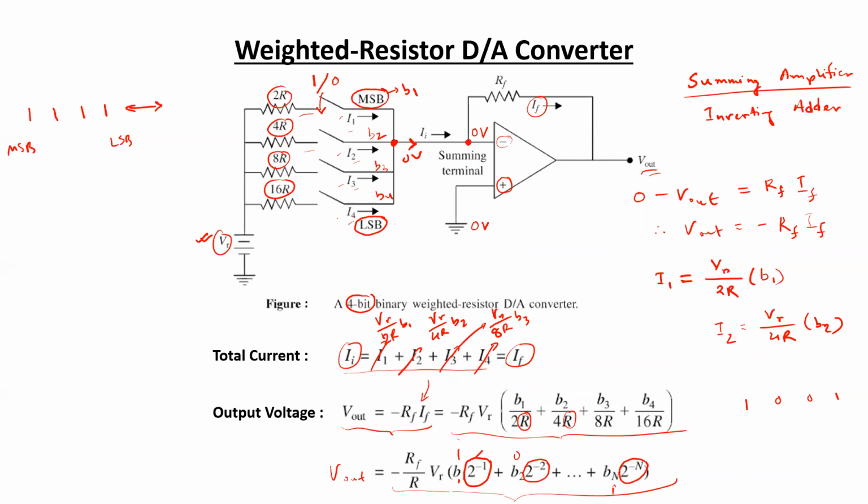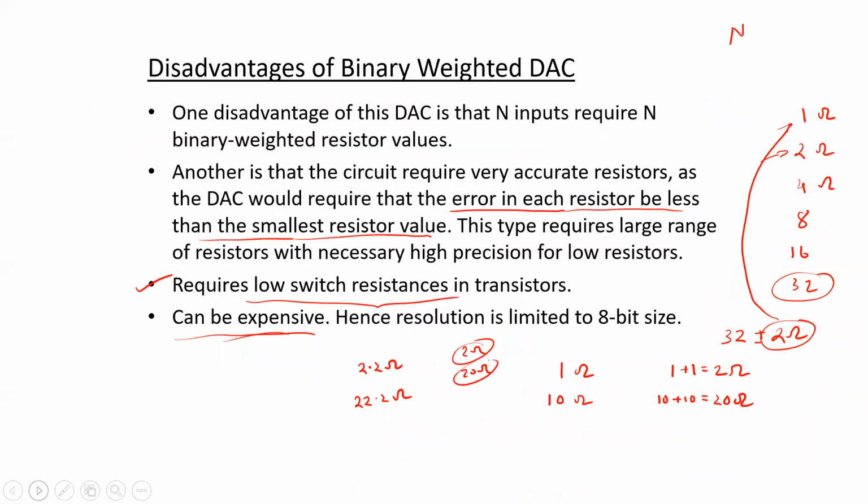So those are supposed to have some internal resistances. Those internal resistances of the switches have to be as low as possible, because for example, this branch twice R has a switch, for R, another switch is connected, and so on.